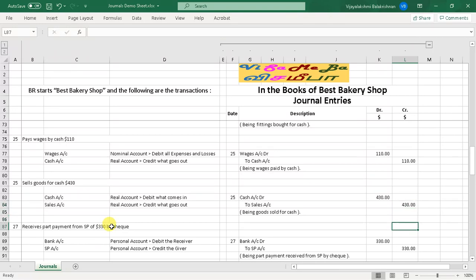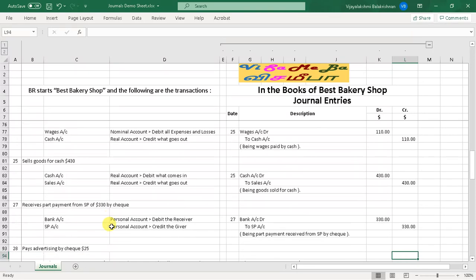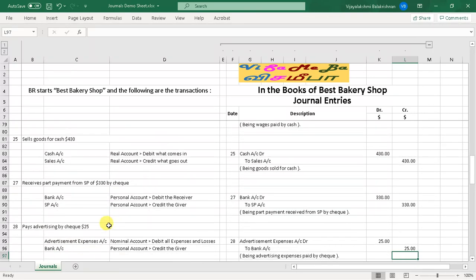Okay. Now, the next transaction: receives part payment from SP of £330 by check. Now, SP is a customer to whom we have sold on credit, and now he's making the payment by check. So when it's check, it goes into the bank account.